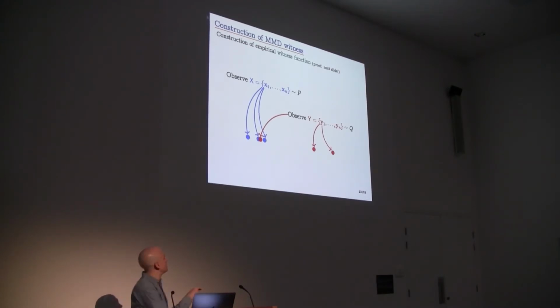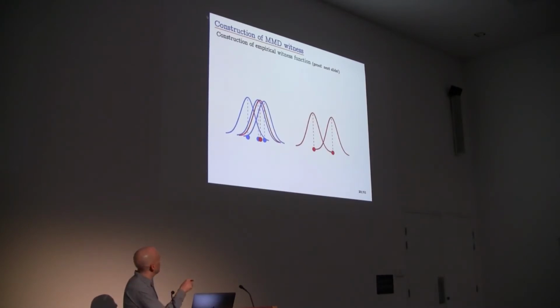Okay? So here are my samples from P and from Q. I've got my chosen kernel, which is my dot product between my features. I just put these kernel bumps on all of the samples. So red bumps on the samples from Q, blue bumps on the samples from P. Here it's an exponentiated quadratic kernel, but I could use other kernels as well, like energy distance kernels or inverse multiquadric kernels and so on.